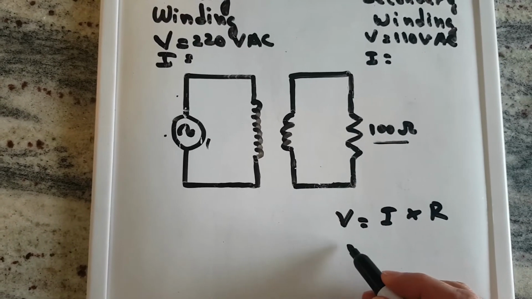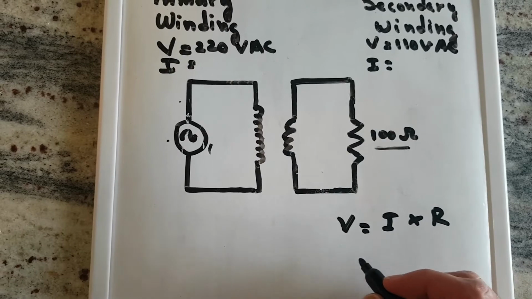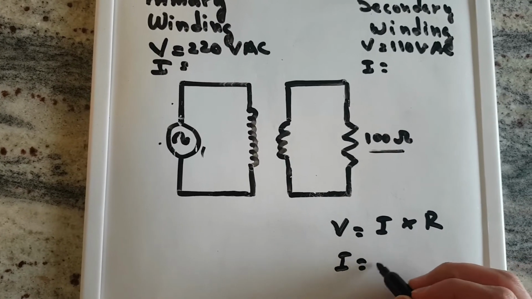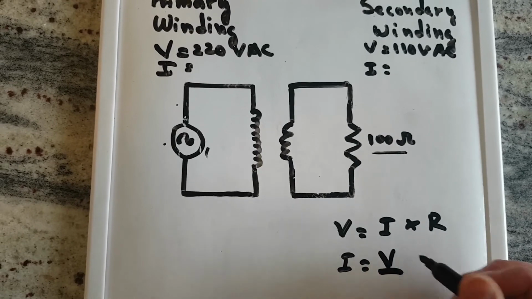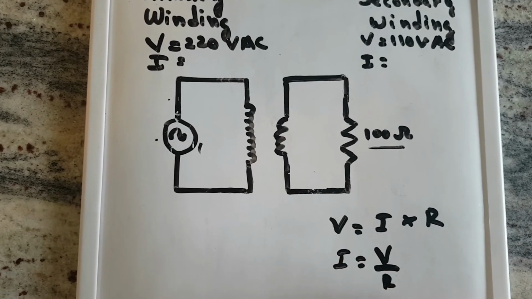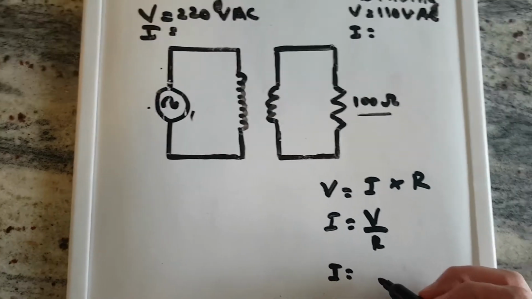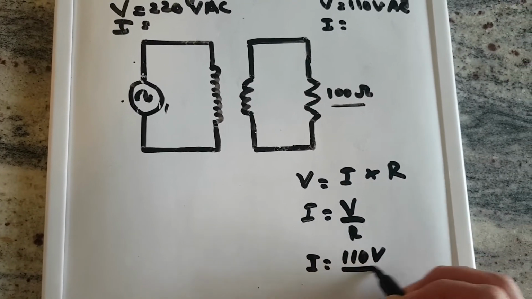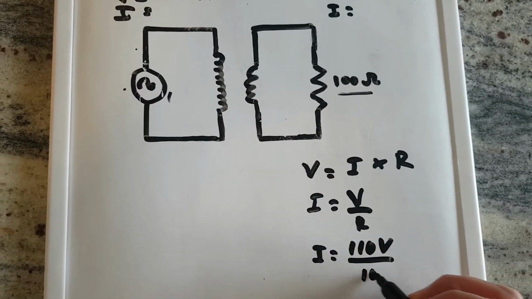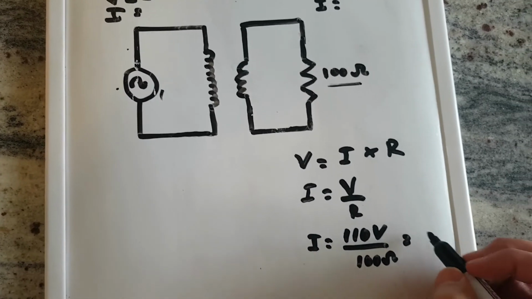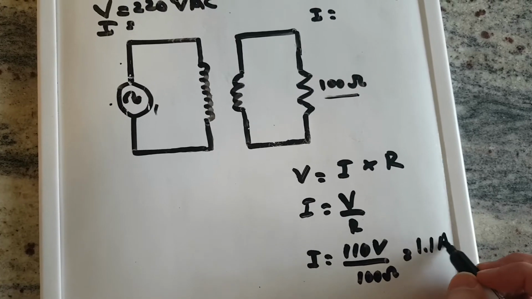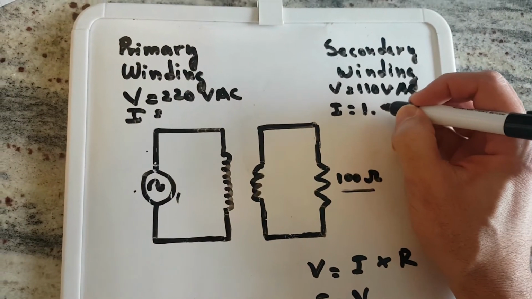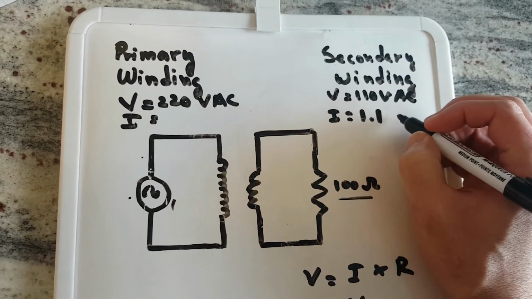So by rearranging this formula, the current will be equal to the voltage divided by the resistance. So the current in the secondary winding will be 110 volts divided by 100 ohms, which is 1.1 ampere. So we already have the voltage and the current in the secondary winding.